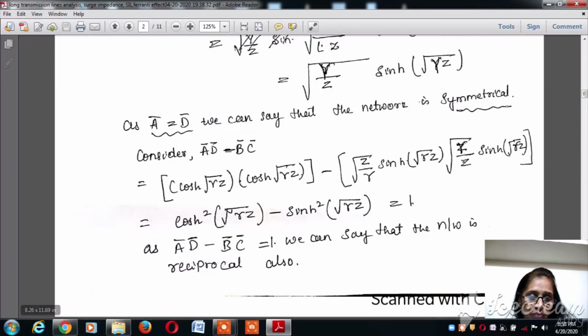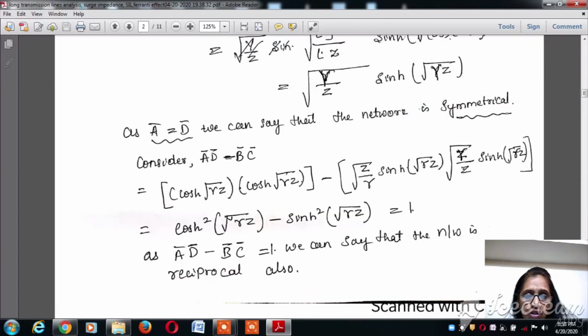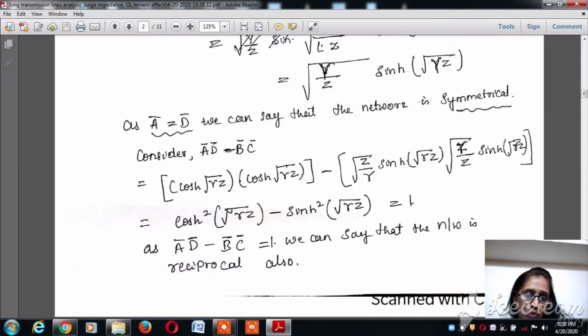Simplifying, cosh squared of root YZ minus sinh squared of root YZ is equal to 1, like cos squared theta minus sin squared theta. So AD minus BC is equal to 1. That represents that the network is reciprocal too. So the network is found to be symmetrical as well as reciprocal.